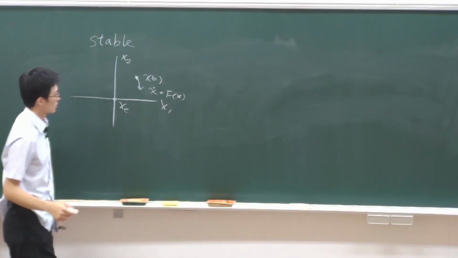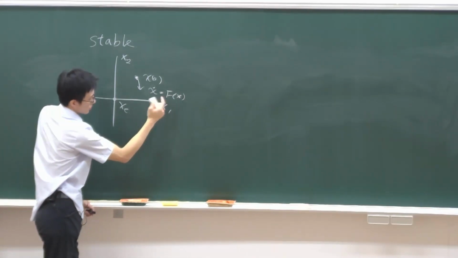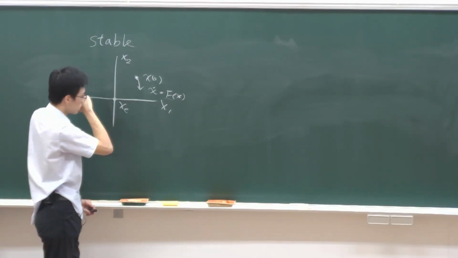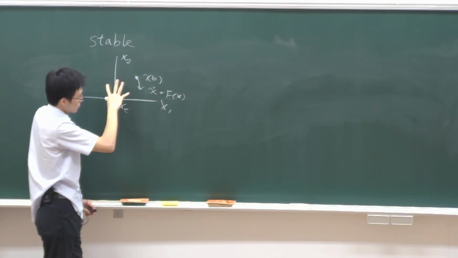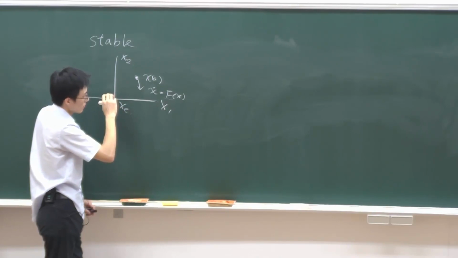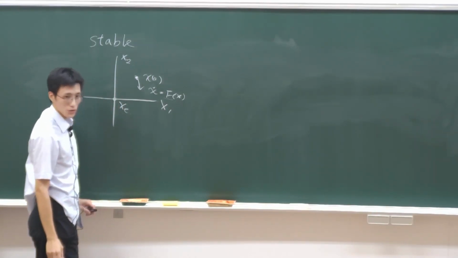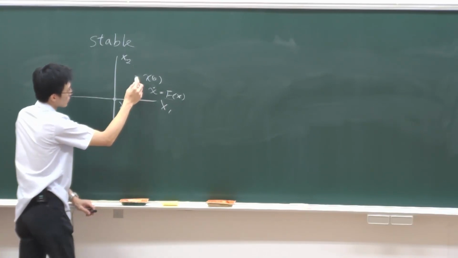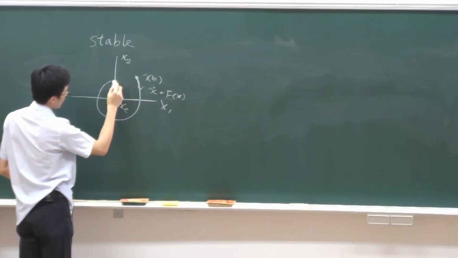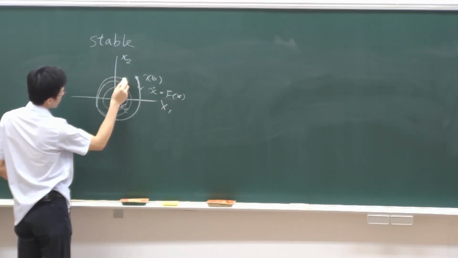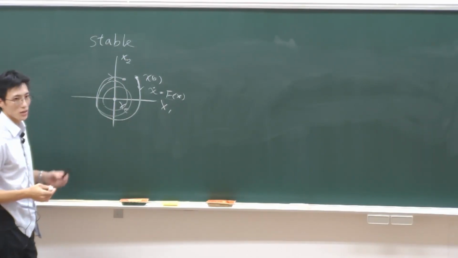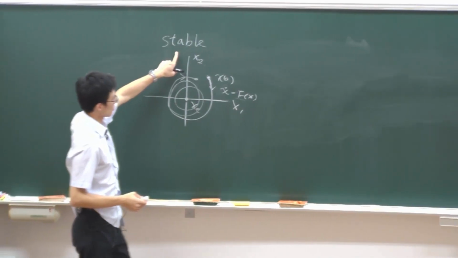Given f(x), you can draw the vector field or the phase portrait, right? That gives you the idea of where it's trying to go. And for a stable case, you can go anywhere around the equilibrium point, but not necessarily converge to the equilibrium point. That's for a stable case.